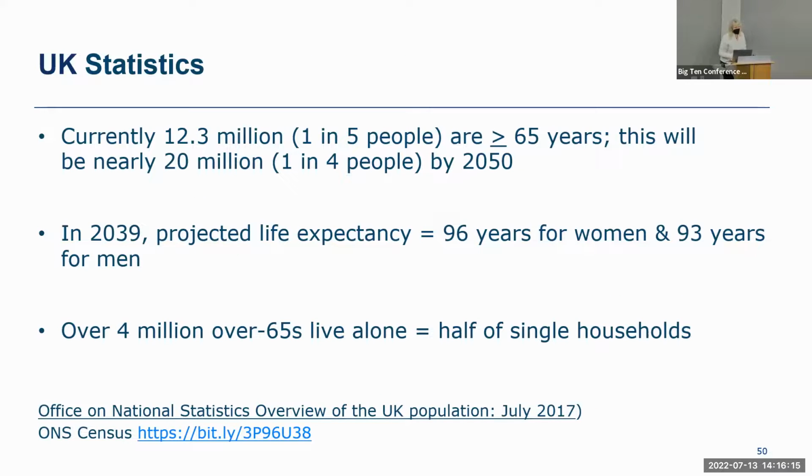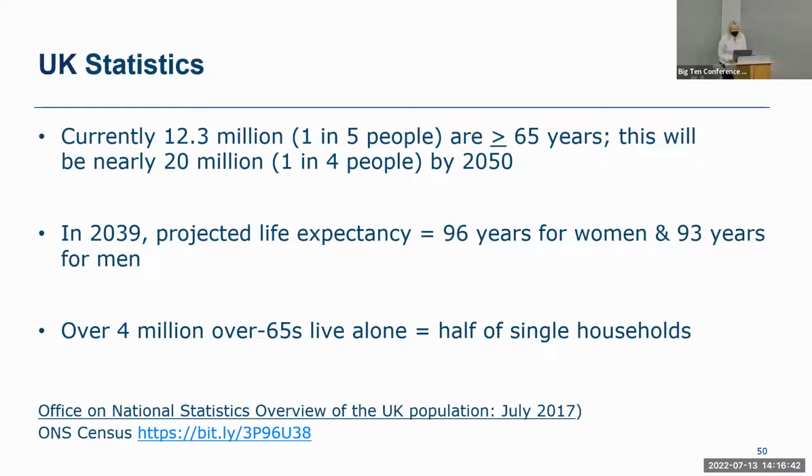The SEPA2 study focused primarily on Scotland, but we don't have as extensive Scotland-specific data, so I'm presenting for the UK, just to illustrate the numbers of people that we're talking about. 1 in 5 people currently are aged 65 years and over, and this is going to increase to 1 in 4 in the not too distant future.